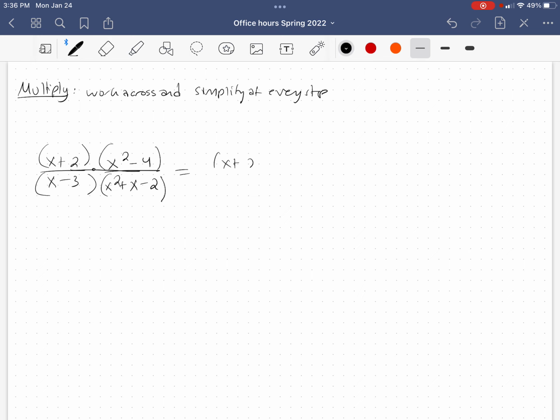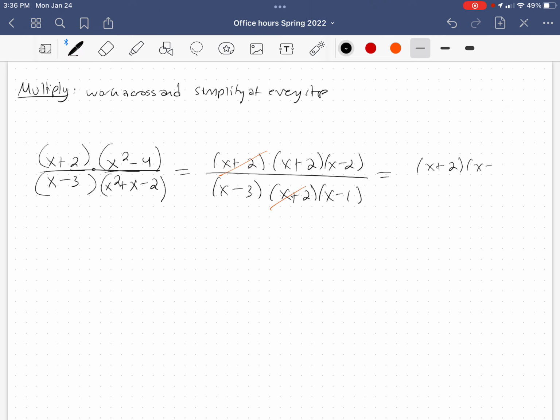Okay, so I will factor everything in sight and cancel as much as I possibly can. In this case, that is the x plus 2's on top and bottom. Notice I still have one x plus 2 remaining on the top because I'd only canceled one of them and there were originally two.